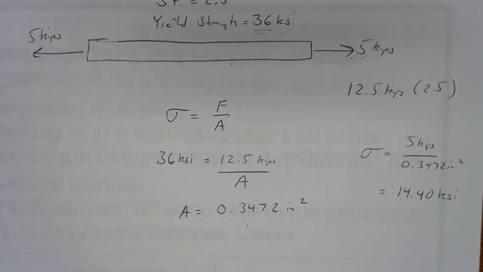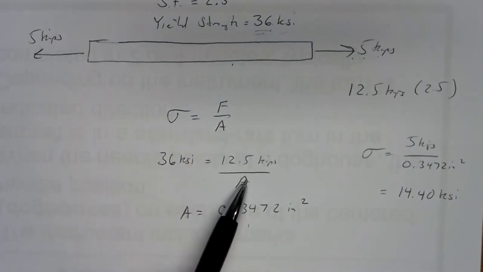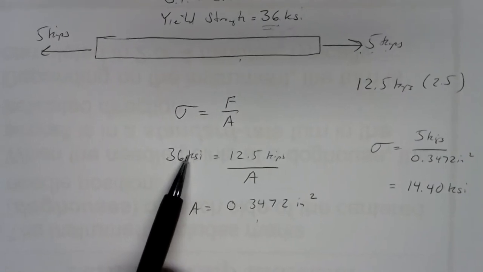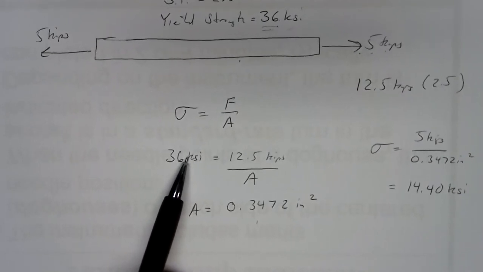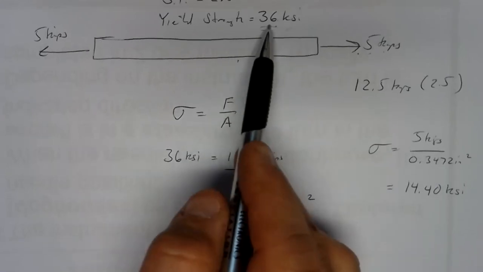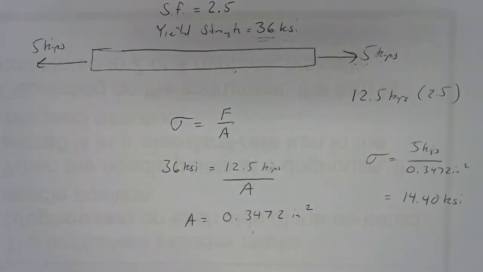You can just calculate it normally, find the area that will drive the stress right up to yield, and then multiply that area by 2.5, or cut your strength down by 2.5 and do the analysis. Either way, you should end up with exactly the same results. So that's a little bit on the idea of design.